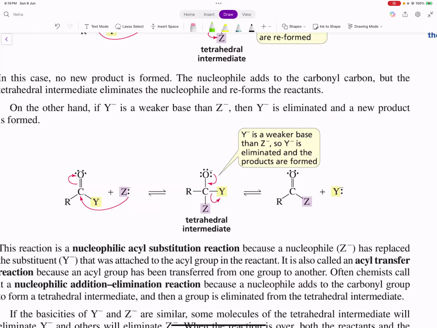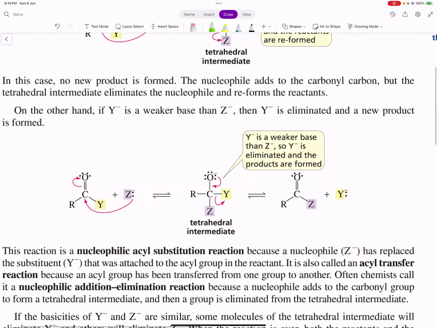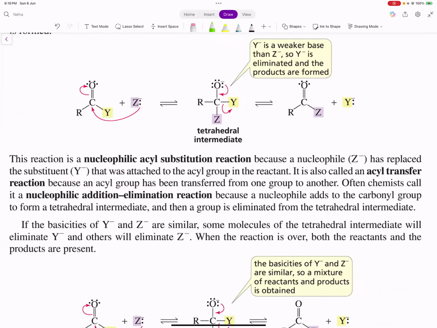That is why nucleophilic addition does not happen here: the tetrahedral intermediate is able to kick out the weaker base. Instead of a nucleophilic addition reaction, we get a nucleophilic acyl substitution reaction.